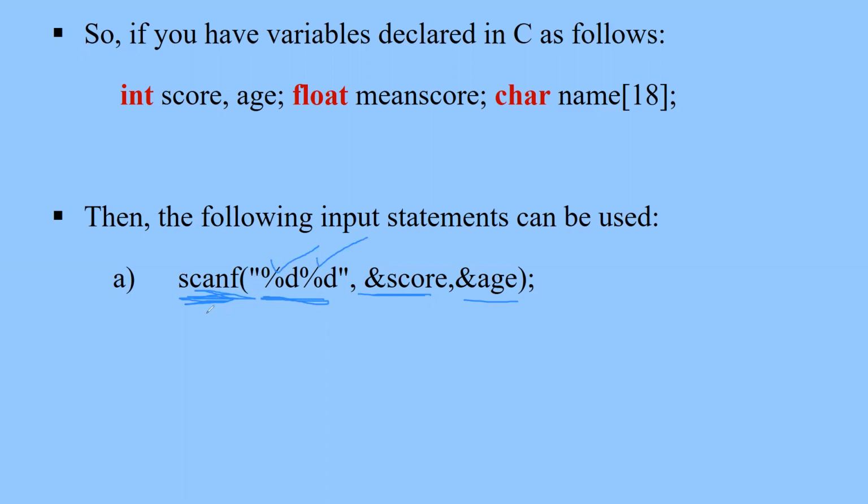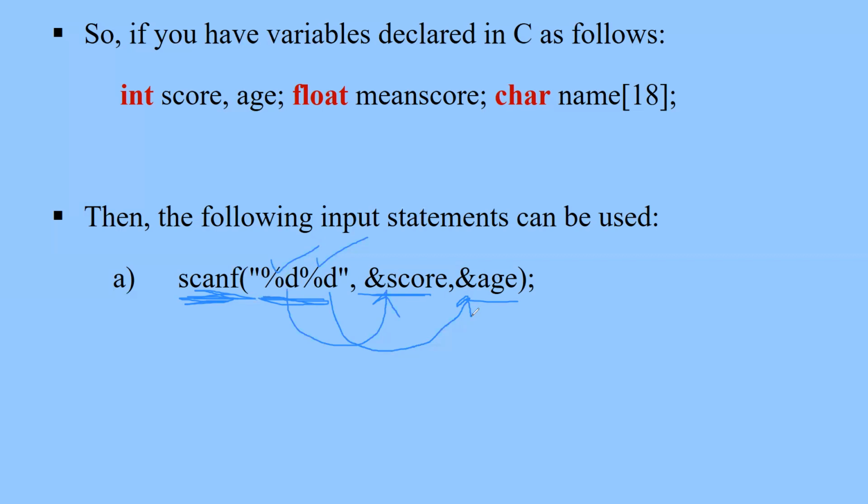So read two values or get two values of type integer. The first value, store it in the memory location called score. The second value, store it in the memory location called age.